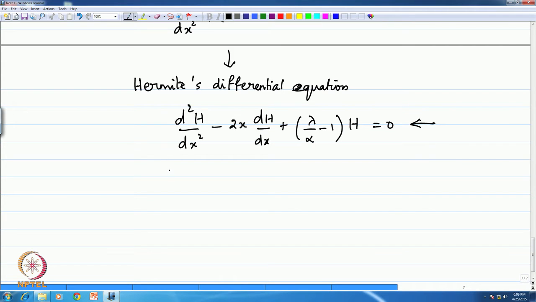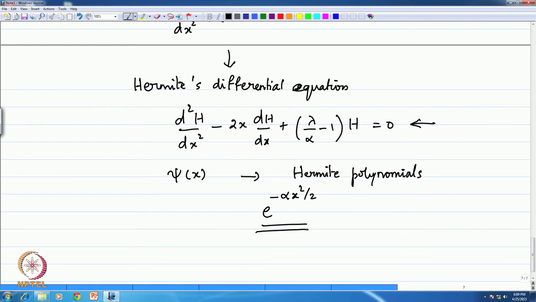Now, I have just pulled this out of nowhere, but it does not matter. What is important is the wave functions psi are going to be associated with what are known as the Hermite functions or Hermite polynomials, and will also have a component called the Gaussian, which is e to the minus alpha x square by 2. This Gaussian and the Hermite polynomial in x will determine the solutions of the harmonic oscillator. The mathematics is involved, we do not need to worry about it.